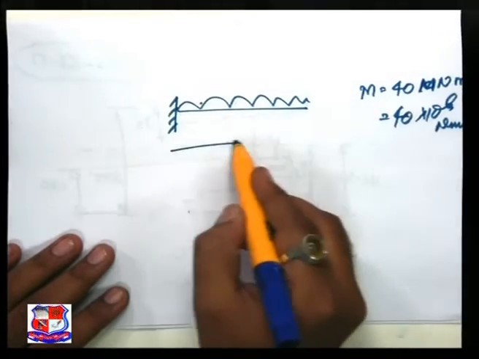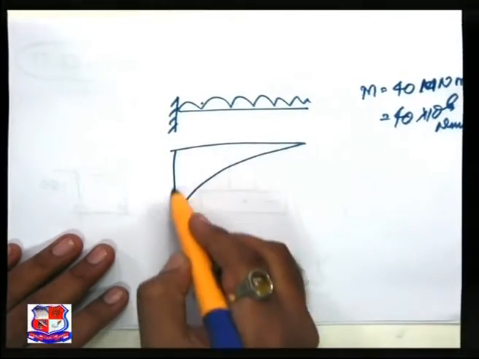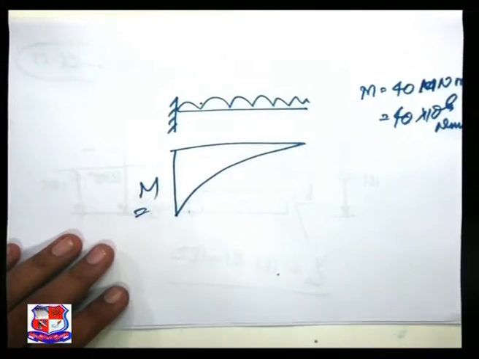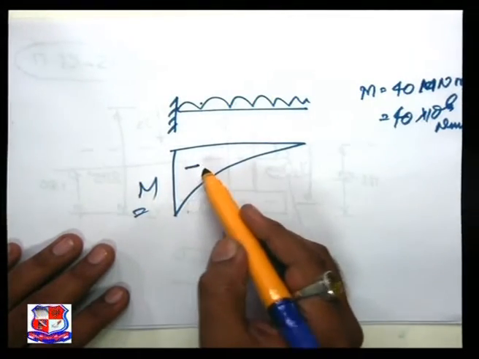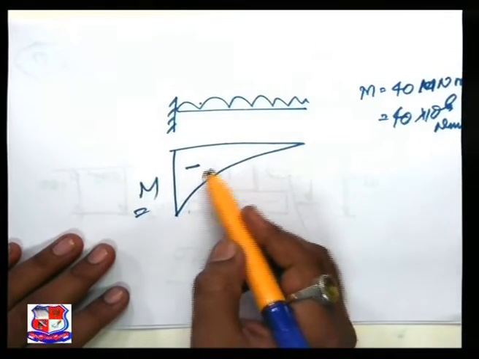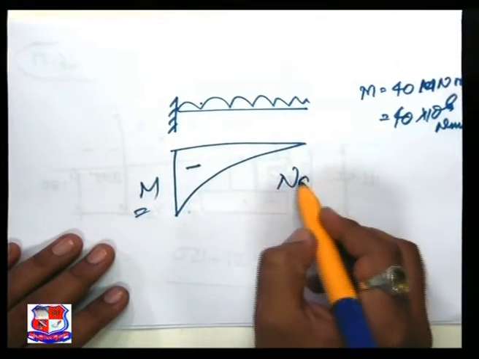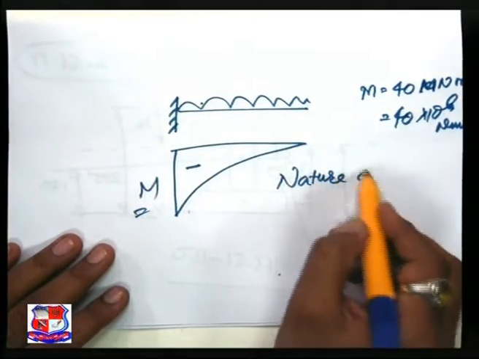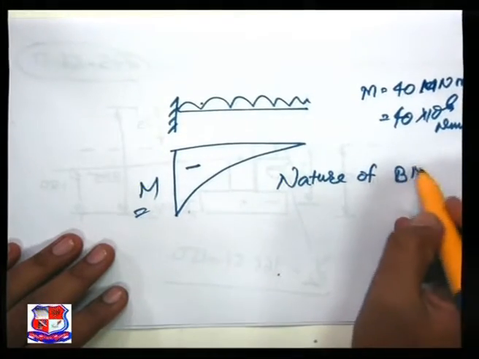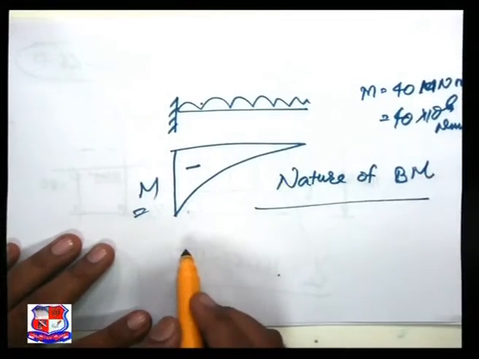The diagram of bending moment is like this. This is the value M which is given to us, negative. What will be the nature of the bending moment?